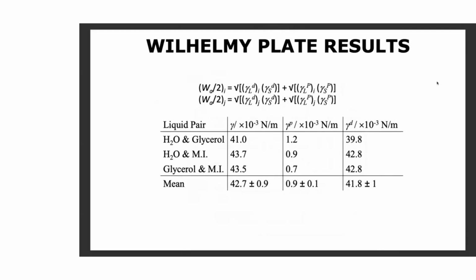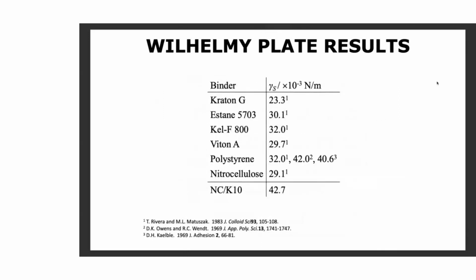And when you do this, you will find that the binder we were looking at, NCK10, had a surface energy of around about 42 millinewtons per meter. And that is slightly higher than many other binder systems, but it's fairly close.